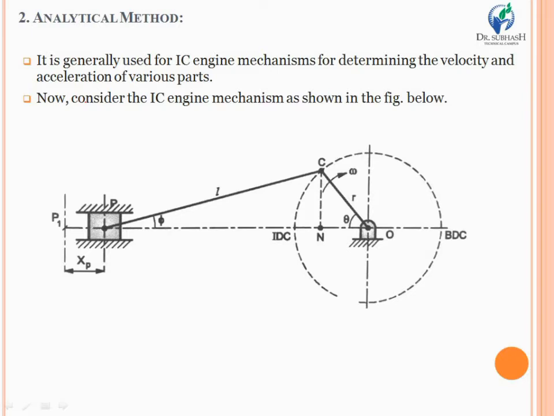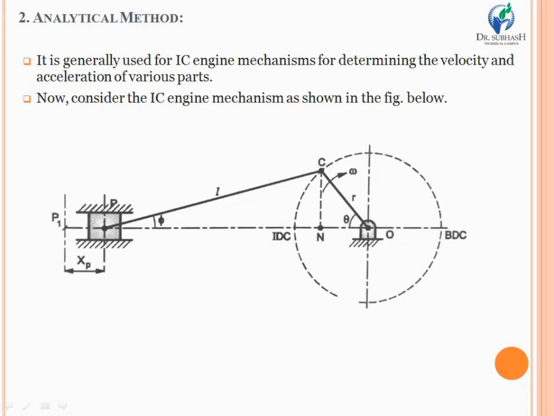Before deriving the relations of velocity and acceleration, let us assume that r is equal to the crank radius, L is equal to the length of the connecting rod, small n stands for the obliquity ratio, that means L by r, theta is equal to the angle turned by the crank from inner dead center in clockwise direction, omega is the angular velocity of the crank, and phi is the angle of inclination of the connecting rod with the line of stroke.